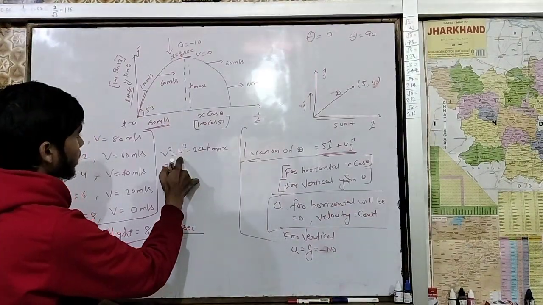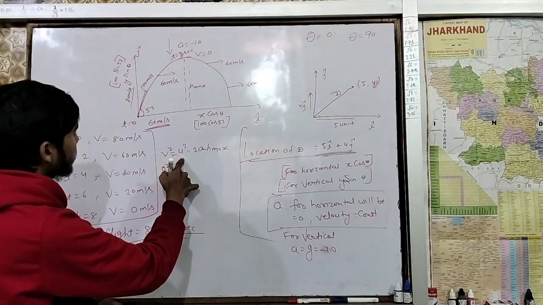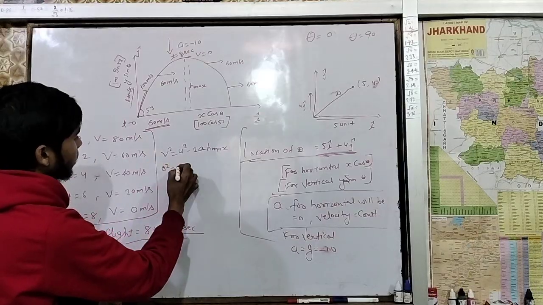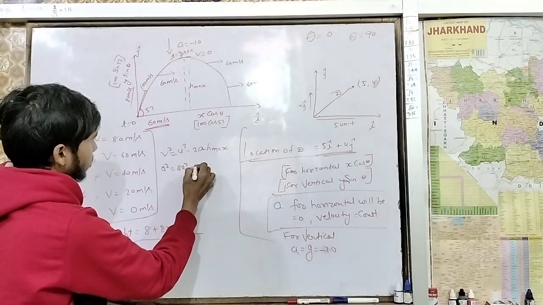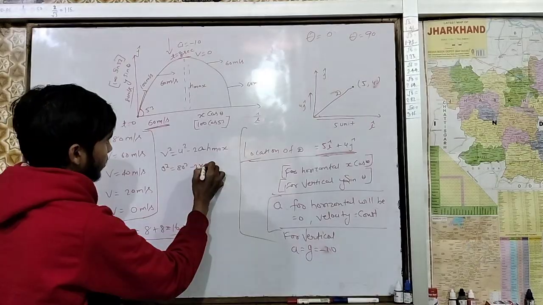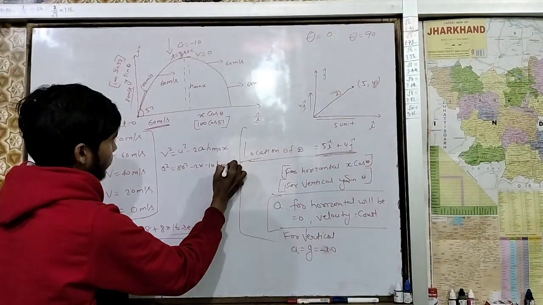So u, the initial velocity, was 80. 0 equals 80 square minus 2 multiplied by acceleration, which was minus 10, times h maximum.